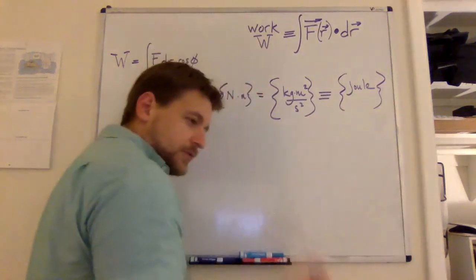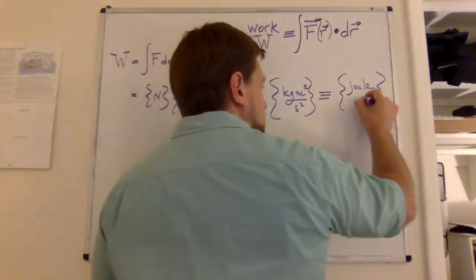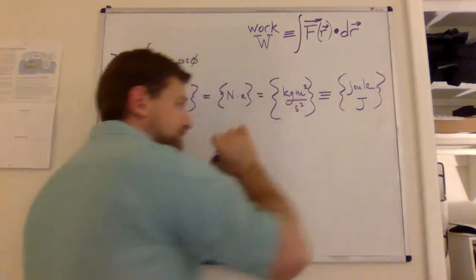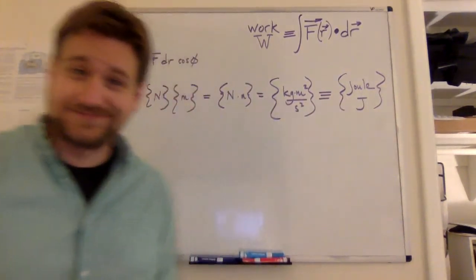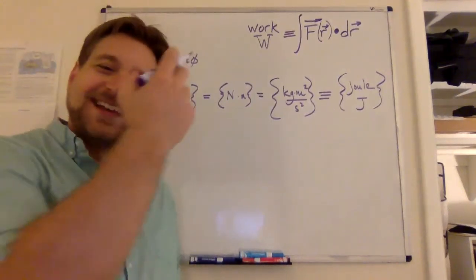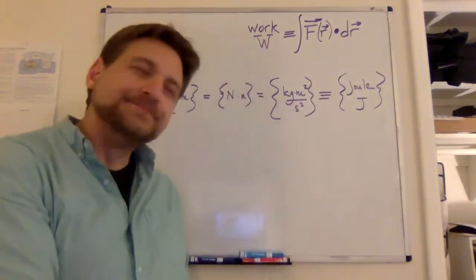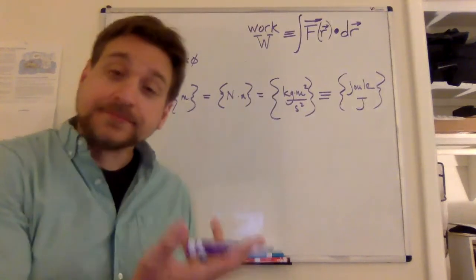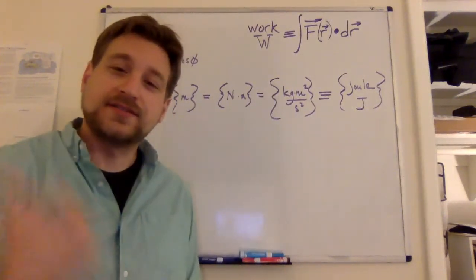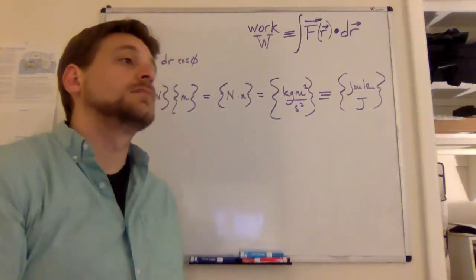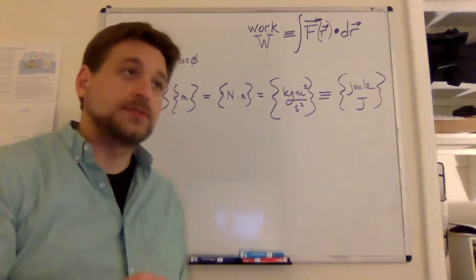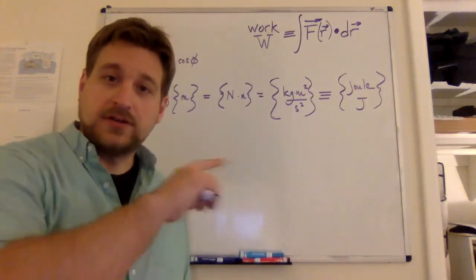The symbol for which will be J, which is confusing. Impulse as a quantity starts with I, and its symbol was vectored or capital J. The units were kilogram meters per second.